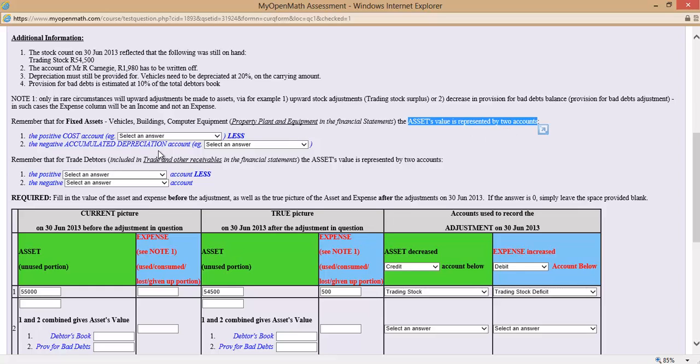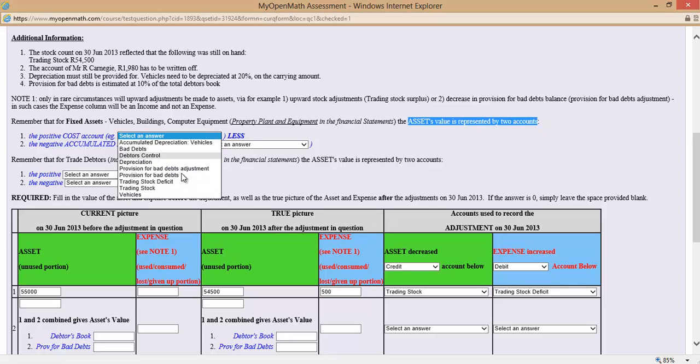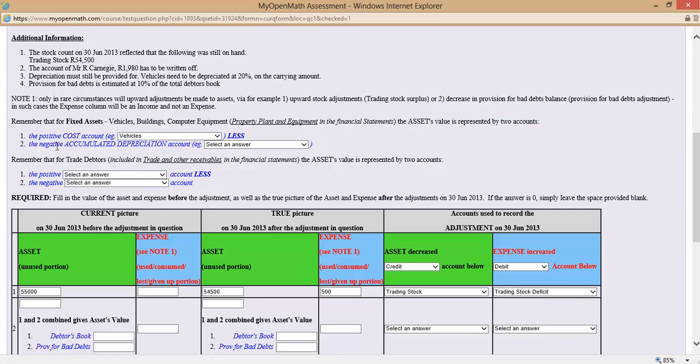We've got a positive account and a negative account. An example of the positive account would be vehicles. An example of the negative account would be accumulated depreciation, and we always have to specify which category, so accumulated depreciation, vehicles. These two accounts together give me the value of the asset.